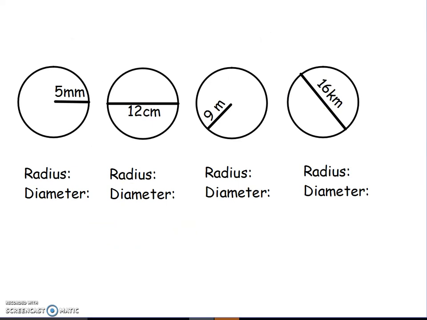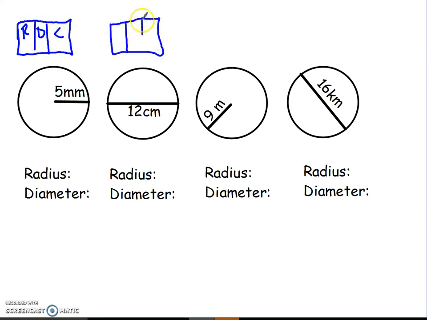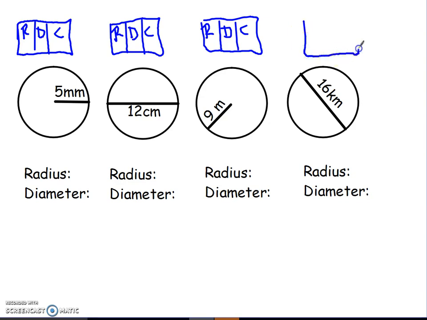Flip it over to the back side. So if we did our DC tables, go ahead and draw our DC tables for these four. Okay, so this is the radius.